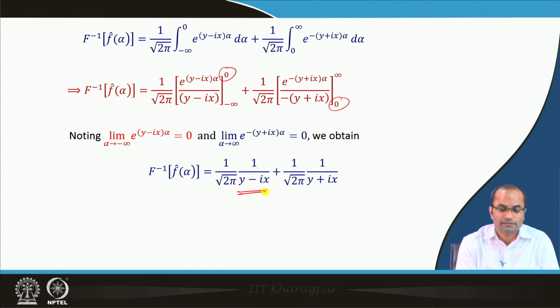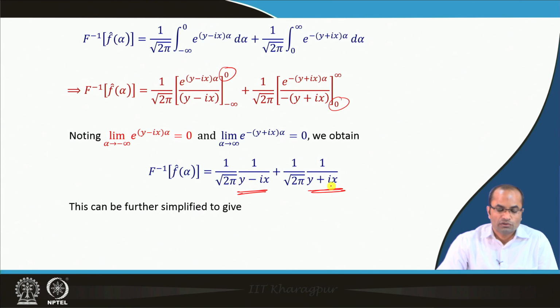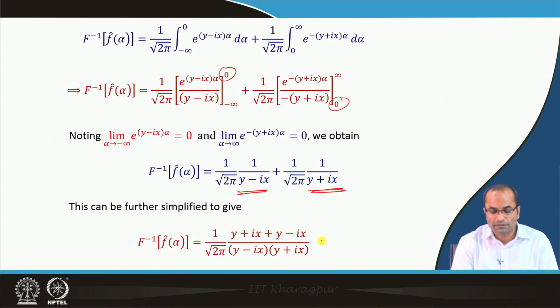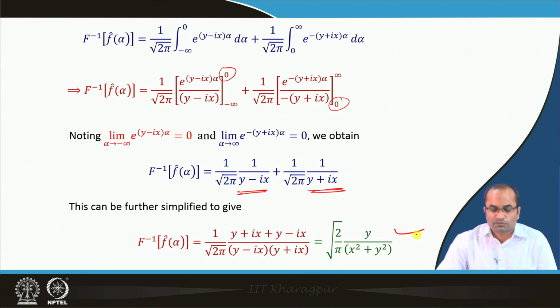So, we have y minus I x, and here we have this y plus I x, which can be further simplified to give y over x square plus y square with the factor here 2 over square root pi.